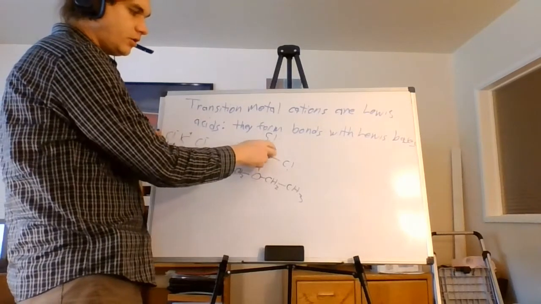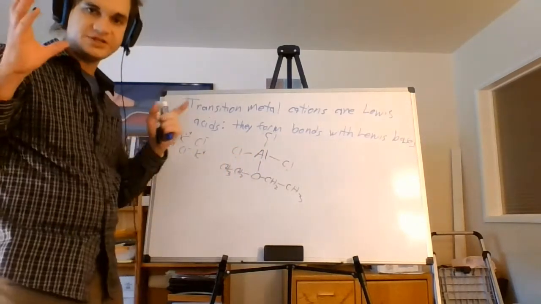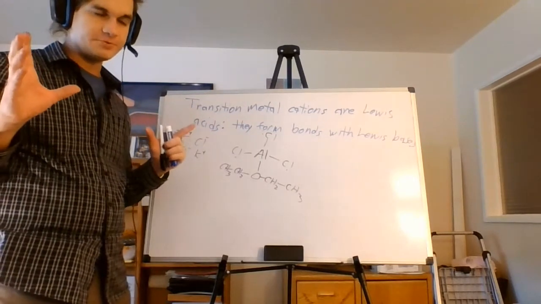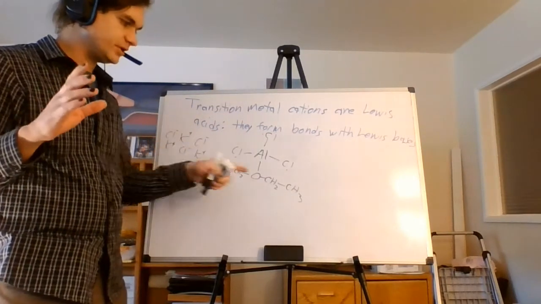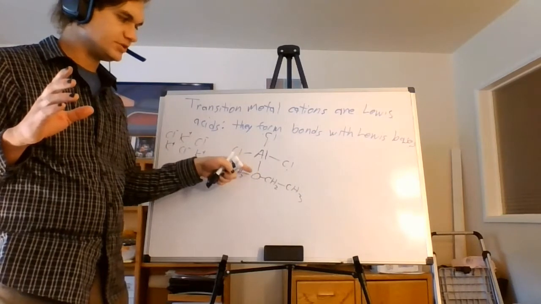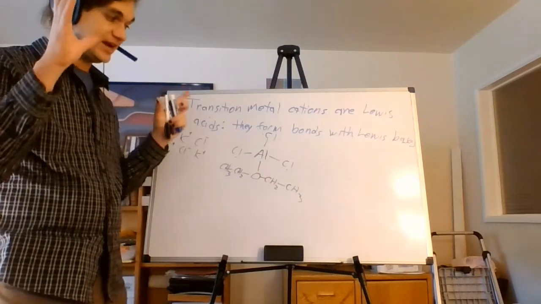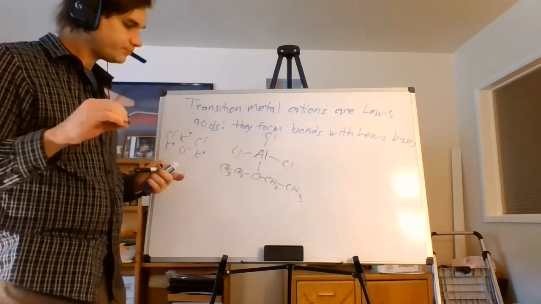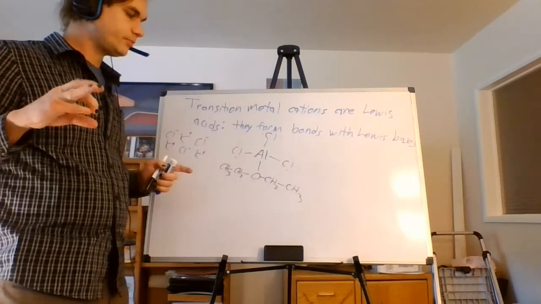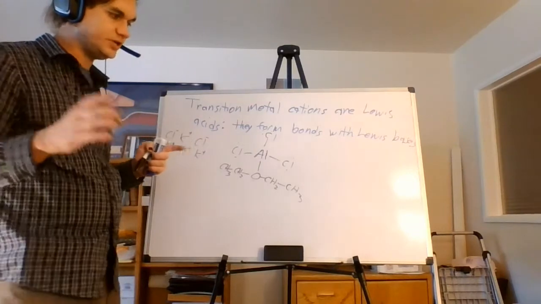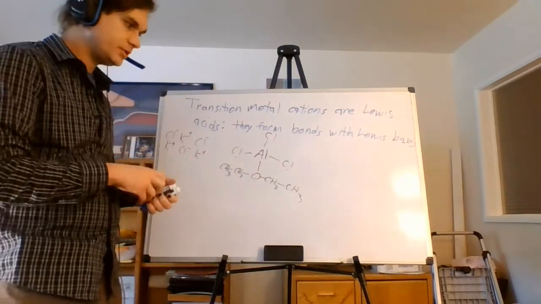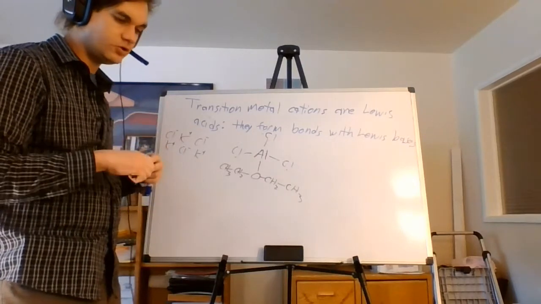And then all of these bonds will take up positions in a more or less tetrahedral arrangement. This particular bond is particularly weak, so it's not going to move the others as much, but it's going to be more or less tetrahedral, so that this bond has some covalent character.